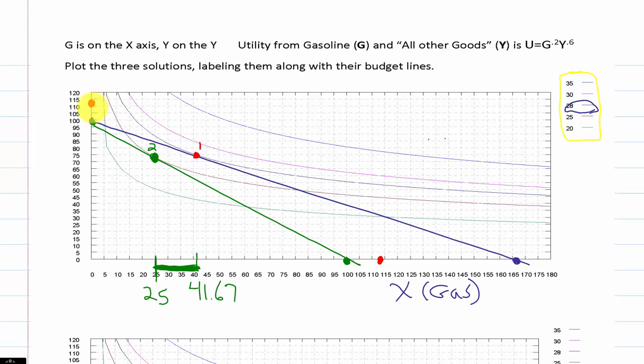And so our new budget line for this hypothetical solution should be parallel to our solution that we did in problem number 2, but the answer is going to be different. And what we're doing here with this hypothetical solution is we're rotating this blue budget line around, kind of wrapping around this indifference curve right here, right?